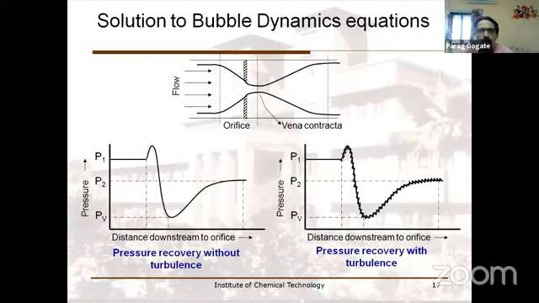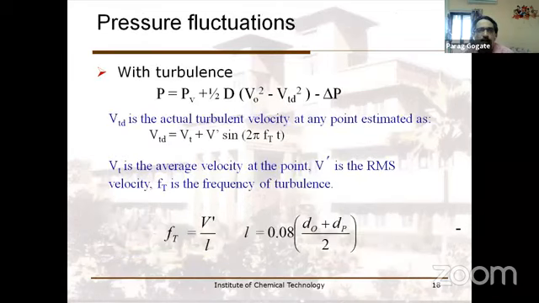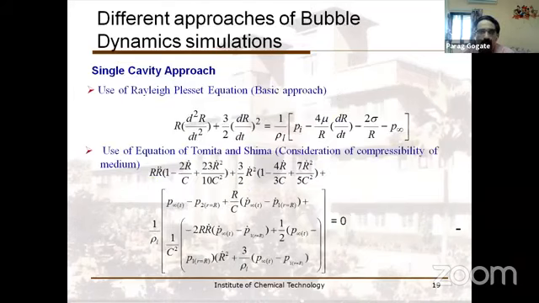So again, I need to solve my bubble dynamics equation. This is just the velocity profile and the pressure recovery. You can have pressure recovery without turbulence or with turbulence. Definitely turbulence is going to occur. So I can get the pressure field distribution as a function of time and as a function of location downstream of the orifice, and solve these particular equations, which are the classical bubble dynamics equations which we have solved.